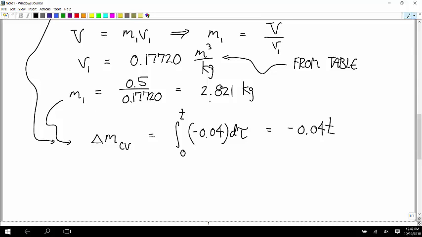We want that change in mass to be half of this, so 1.411 is equal to negative 0.04 t, and so t is equal to 1.411 divided by 0.04, and what do you get for that?